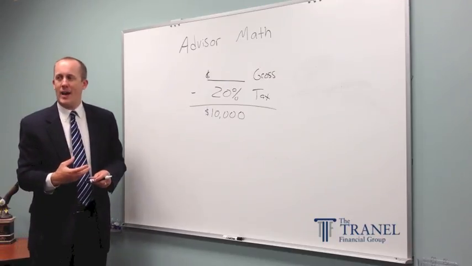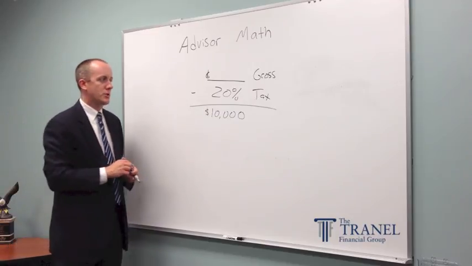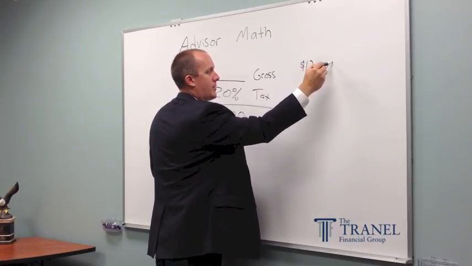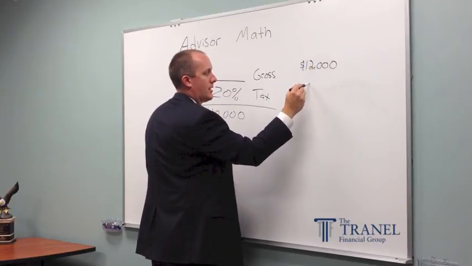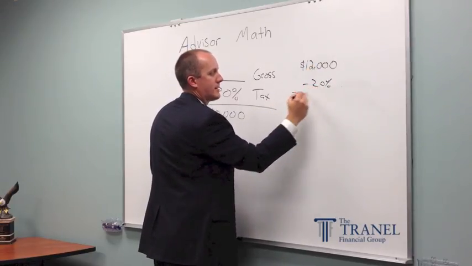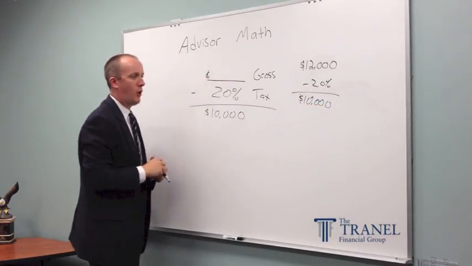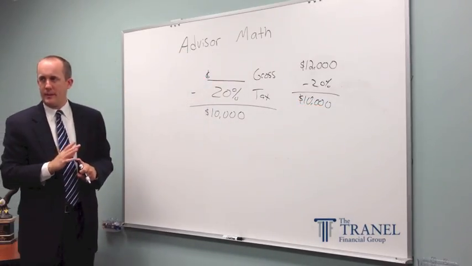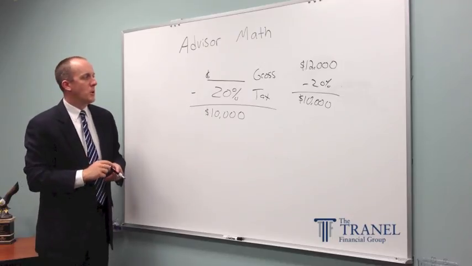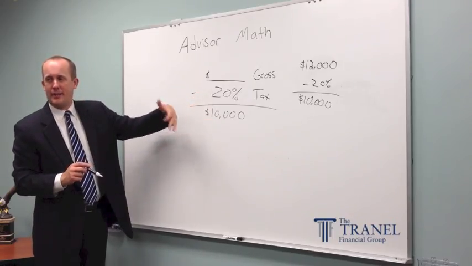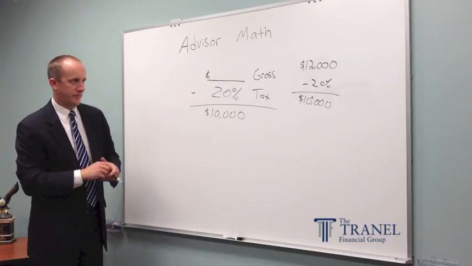Most clients, if you ask them, okay, how much do you need to gross? Most clients will tell you that they need $12,000 minus 20% to net $10,000. Hopefully you see that's not the case. Most clients will apply the 20% to the $10,000 and think that's what they need to gross.